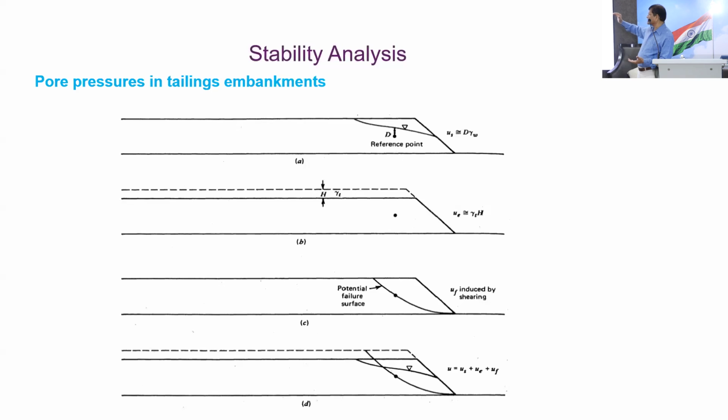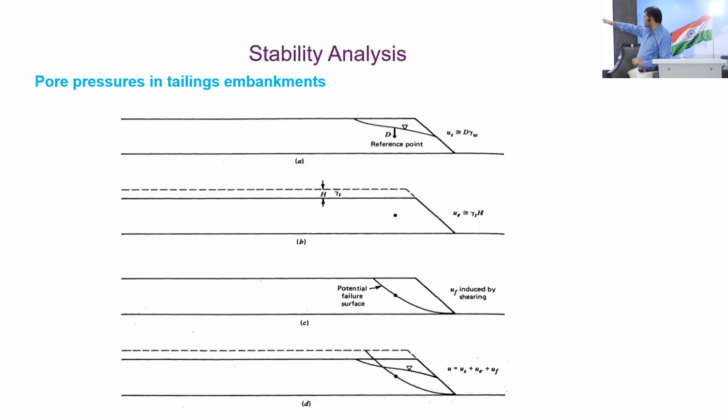Now you are raising it. You add another layer of thickness H. So what does it do to that pore pressure? It is adding excess pore pressure to that point. So you have your static pore water pressure, and now you are adding another excess pore water pressure.